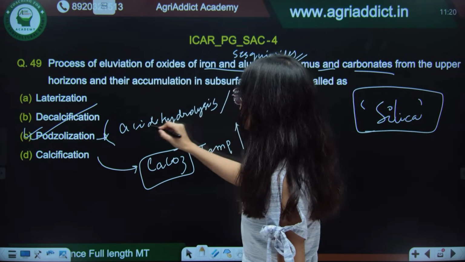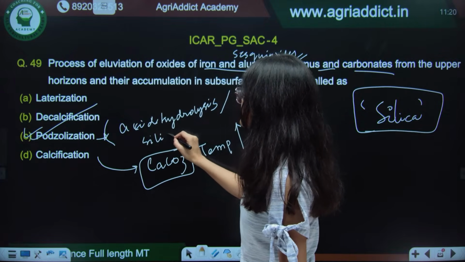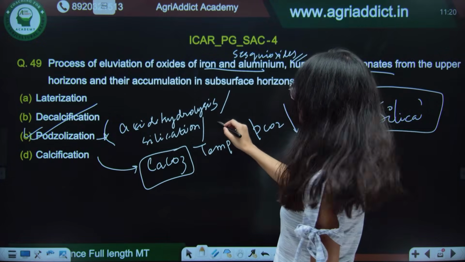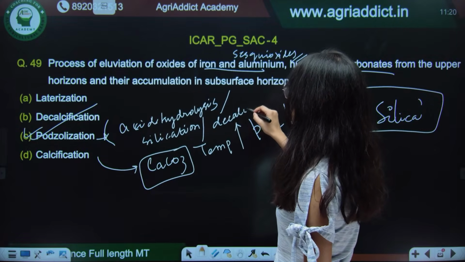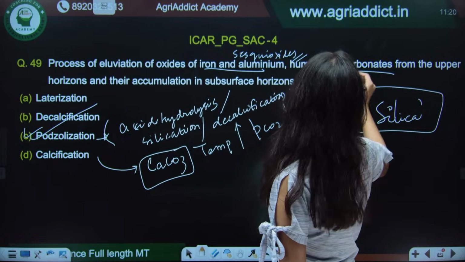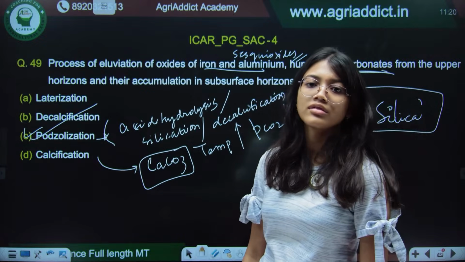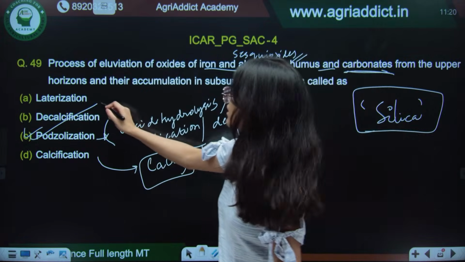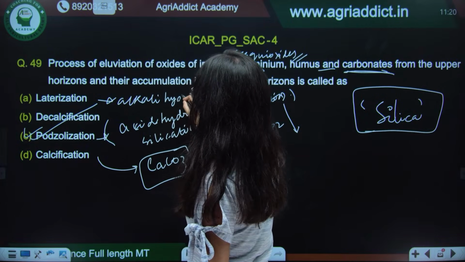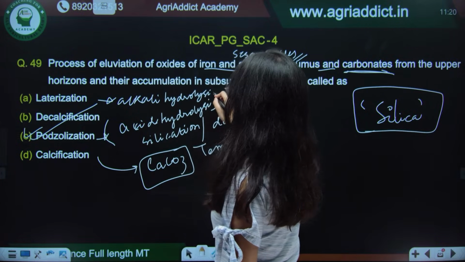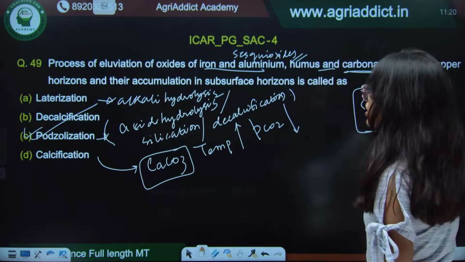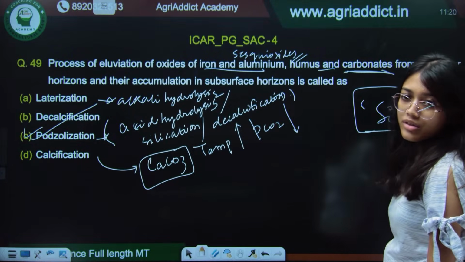We can also call it silication, right? And we can also call it decalcification or negative of calcification. Why? Because calcium carbonate is getting leached down. Similarly, laterization is called alkali hydrolysis. So the processes of podzolization and laterization are very, very important. You must remember all the soil forming processes.